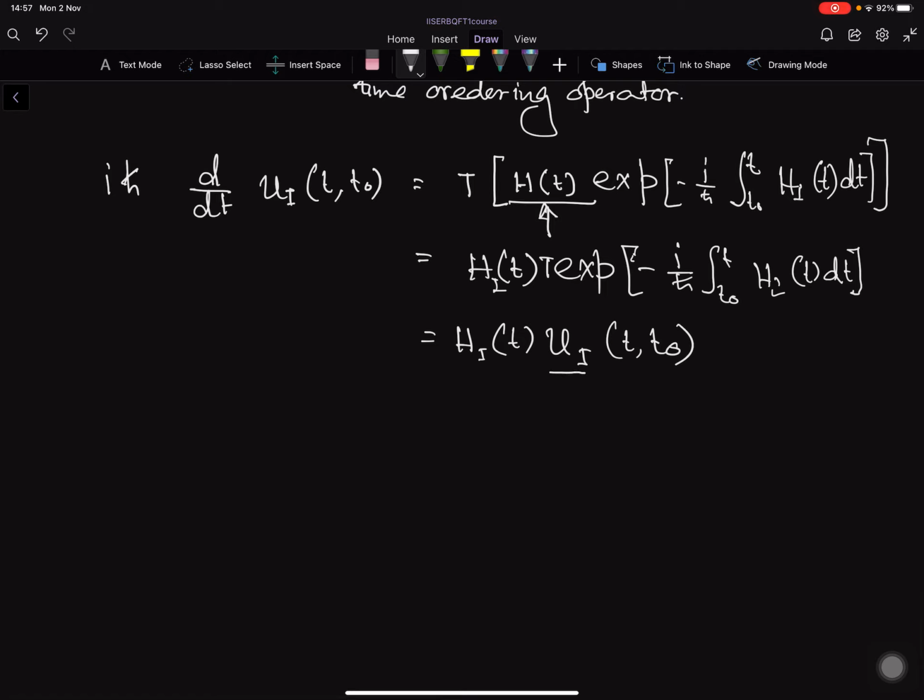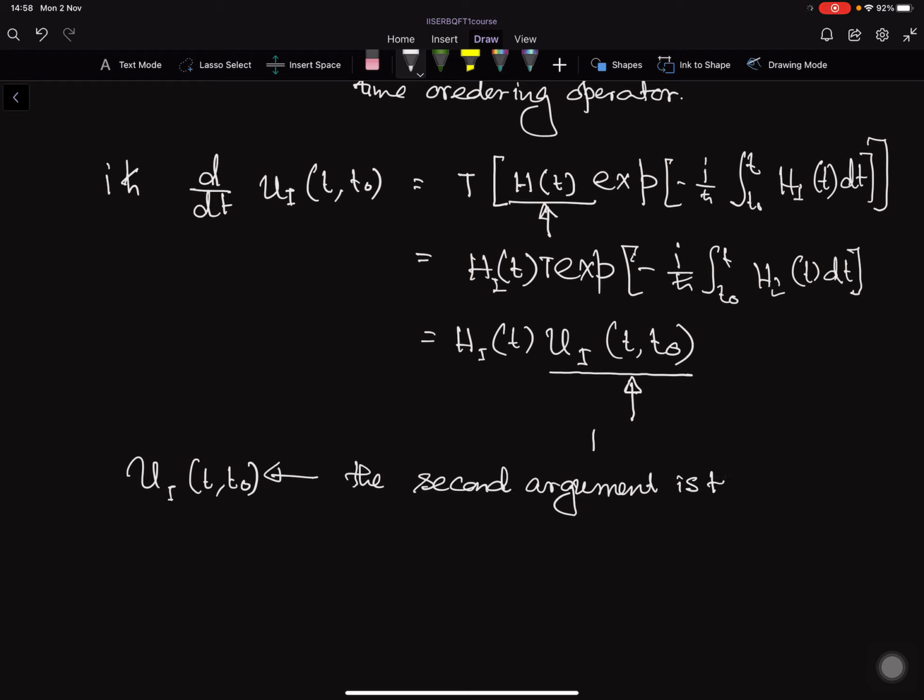But the second thing to note is that in this ui(t, t0), the second argument is t0. So we have to define ui(t1, t2), where the second argument is actually variable.